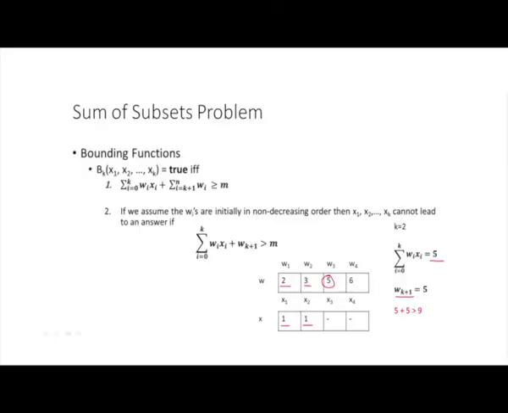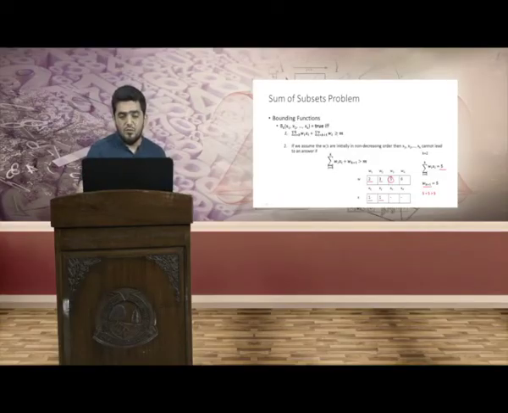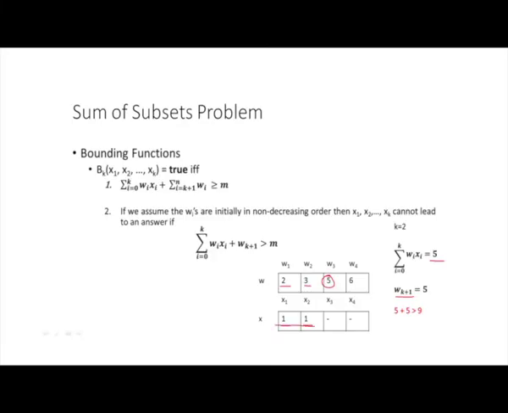Since it is greater than 9, it means we cannot continue with this tuple, and we won't be able to get a solution if we follow it. How? It is a simple observation. So far the sum is 5. If we consider another weight 5, the sum is equal to 10, which is greater than m. If we do not consider it, we still will not be able to find a solution if we take the later weights as 1, because the sum would be 11, which will always be greater than m.